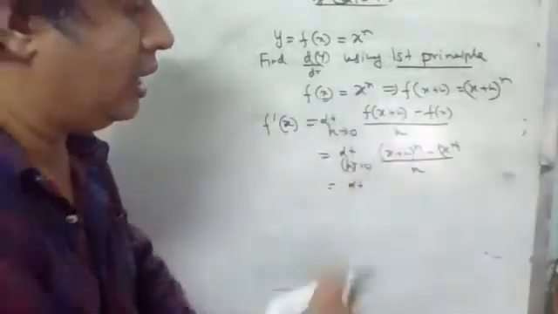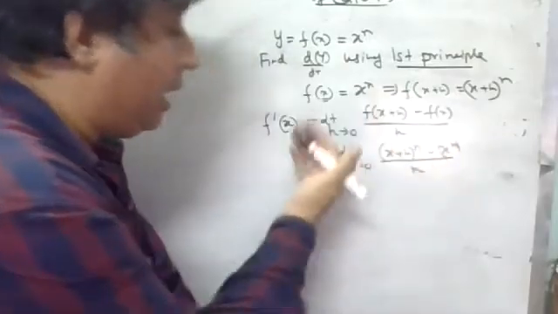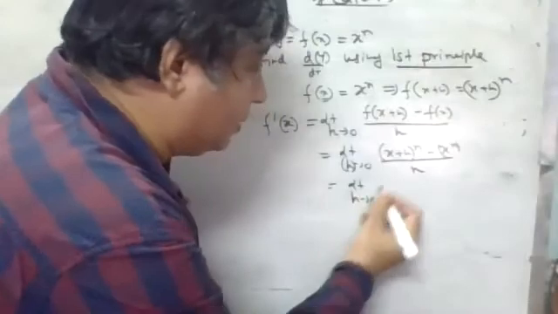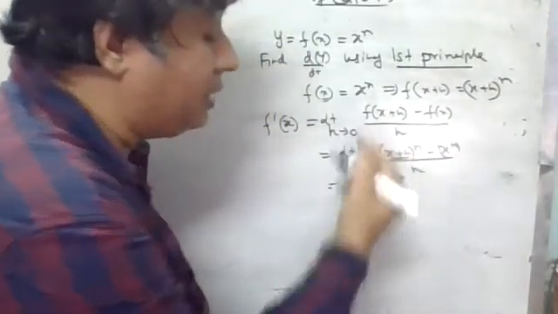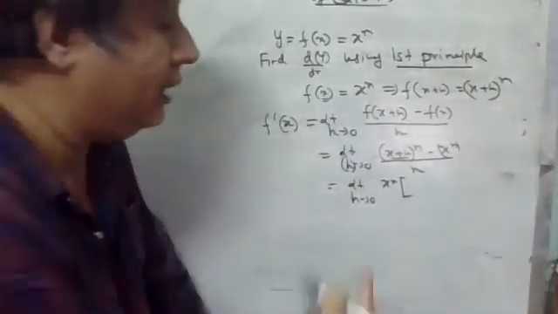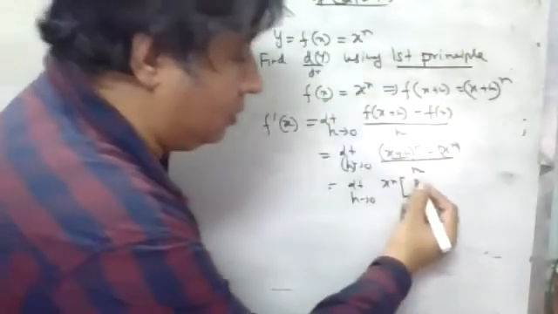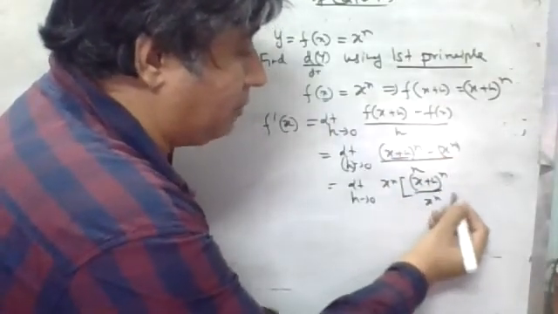But somehow I have to take x^n common and put it out of the limit. x^n I have taken common, but this term did not have x^n as an isolated term.